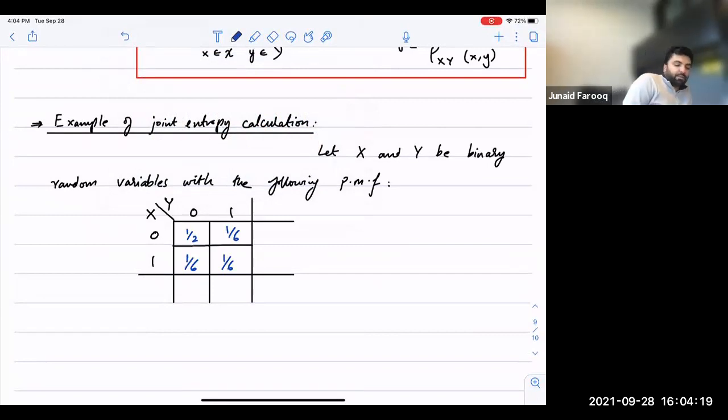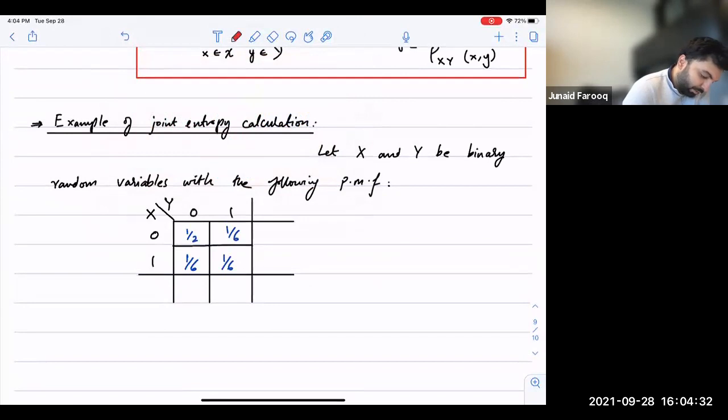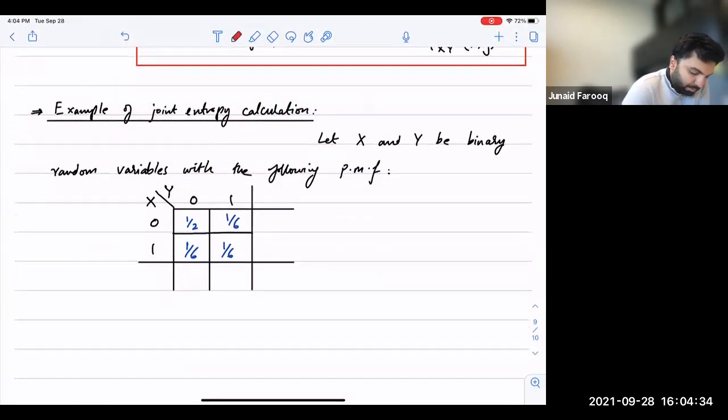Okay, so from this grid, we can come up with the marginal distributions of X and Y. Let's try to write them here. If we collapse the Y dimension, we'll have the probability of X equals x, which is just the sum of the rows. So it comes out to be 2/3 and 1/3.